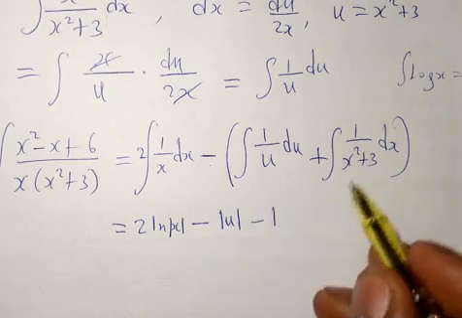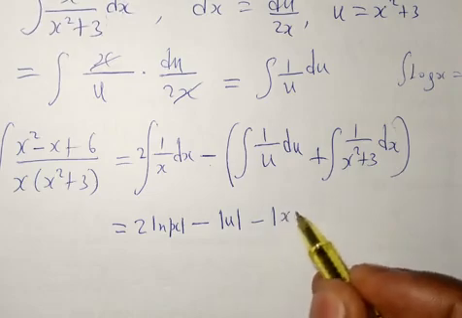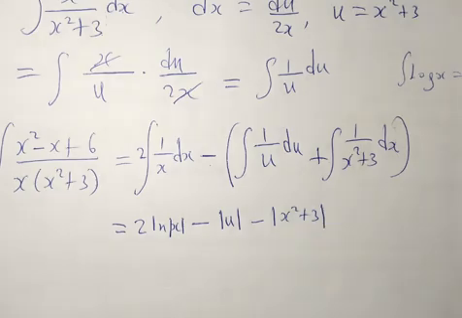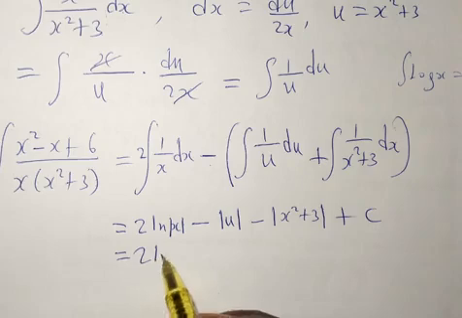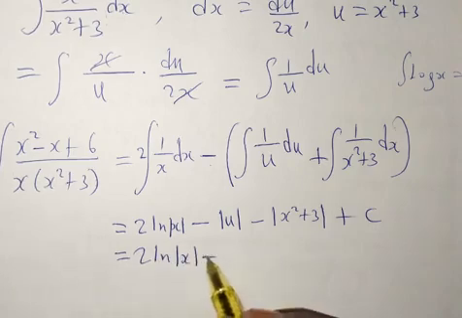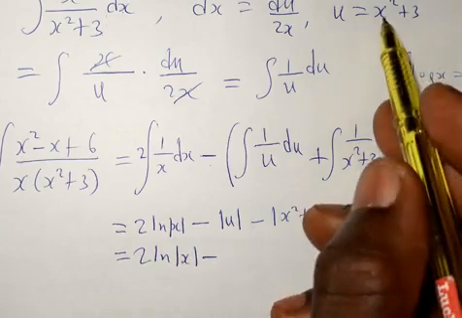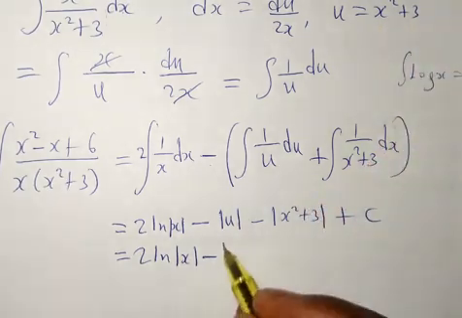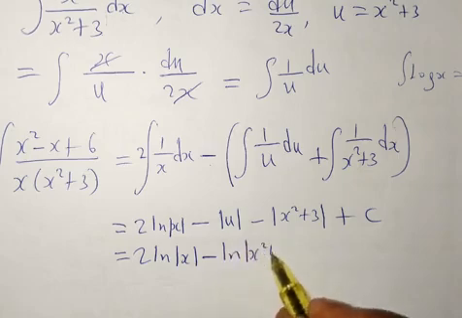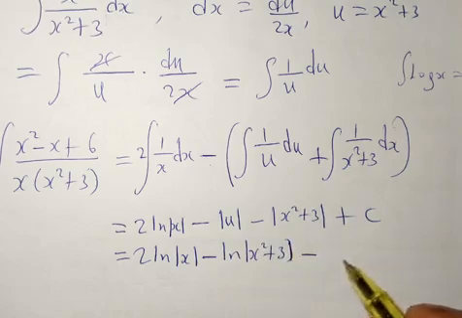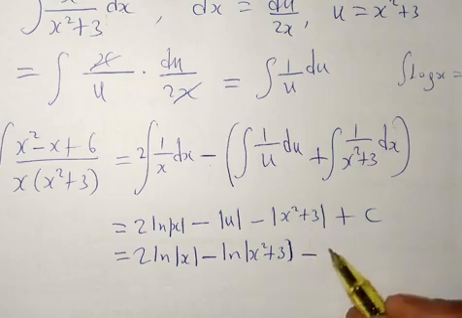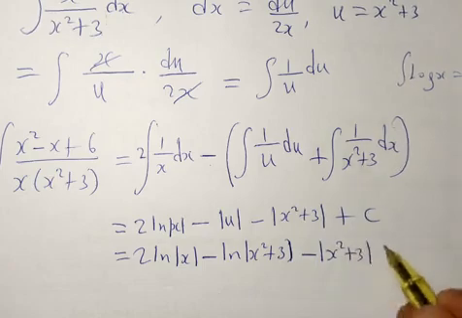This will be ln x square plus 3, all this plus c, since this is an indefinite integral. So by implication, we can write this as 2 ln x, then minus, remember u is x square plus 3, so this will give us ln x square plus 3. Then finally we have minus, this will also be minus ln x square plus 3 plus c.